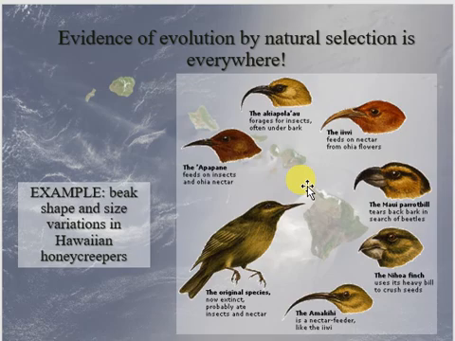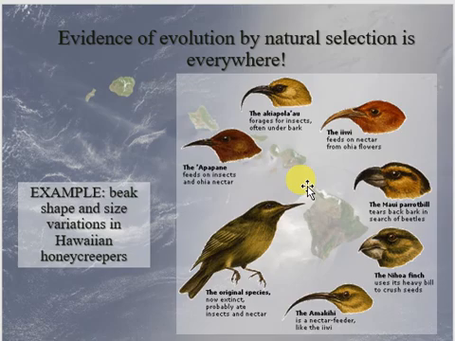And the analyses with DNA that were done date this rapid period of speciation to between 4 to 2.5 million years ago, I think. Somebody correct me if I'm wrong on that. That was right after the formation of the island Oahu, that honeycreepers went into this rapid speciation and splitting of lineages.